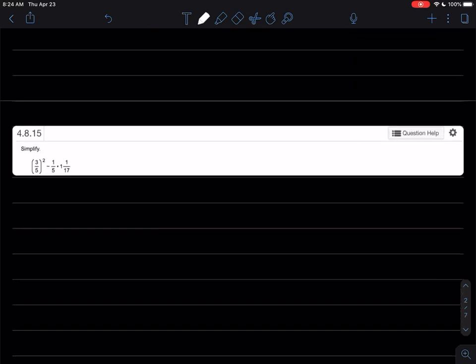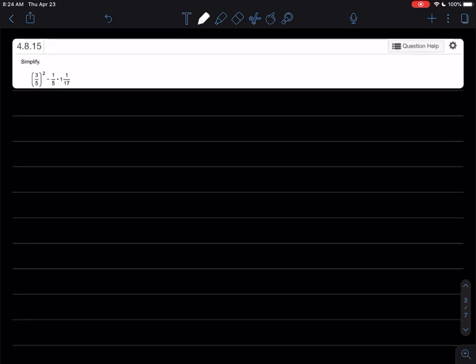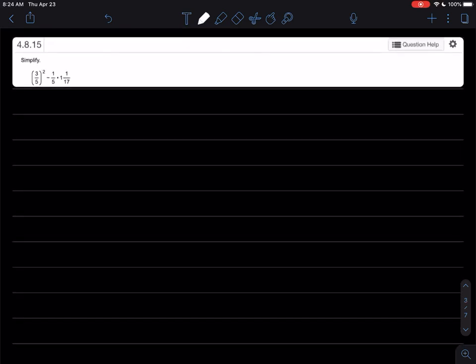Next problem. Now we're adding a little bit of exponents in here, so let's deal with this. Let me rewrite it first. 3 over 5 squared minus 1/5 times 1 and 1/17. I'm going to start by doing the square.